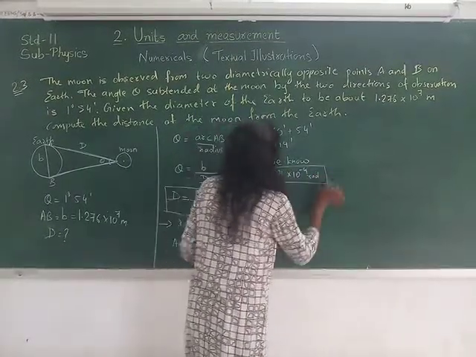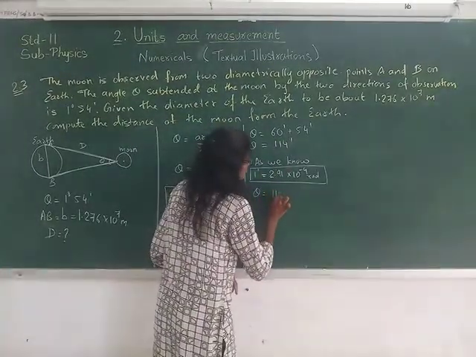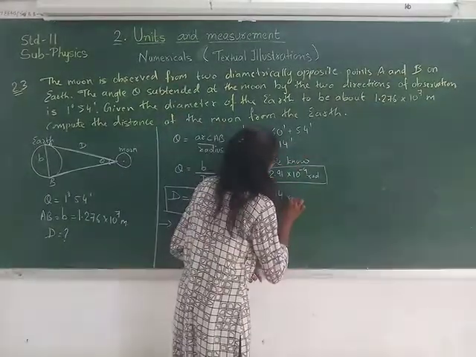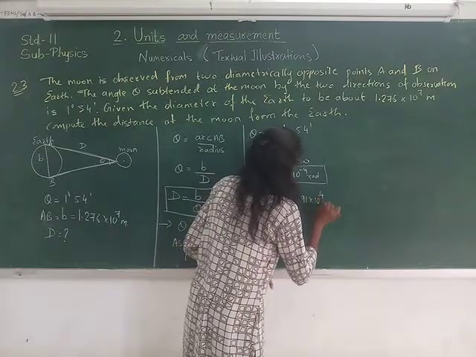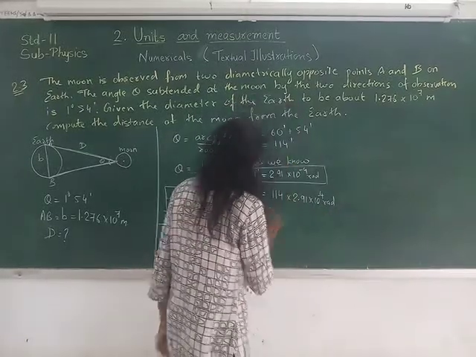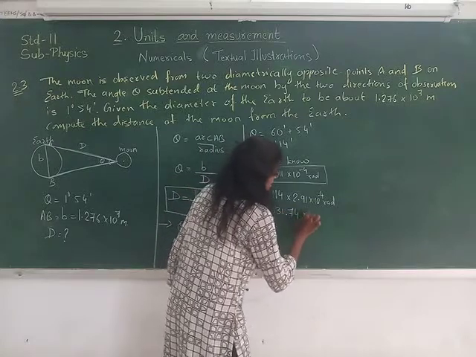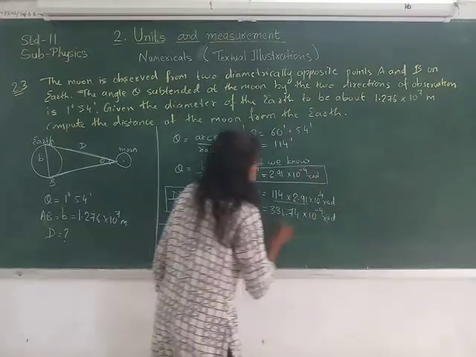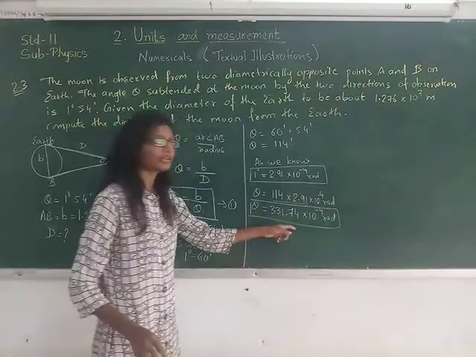So we substitute over here, theta equals 114 into 2.91 into 10 raised to minus 4 radian. When we multiply this, we get the value 331.74 into 10 raised to minus 4 radian. So we got the value of theta in radian.